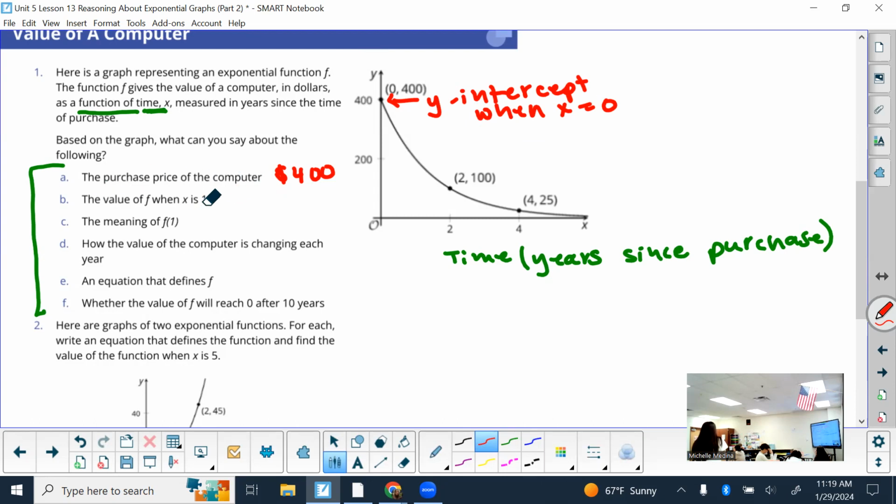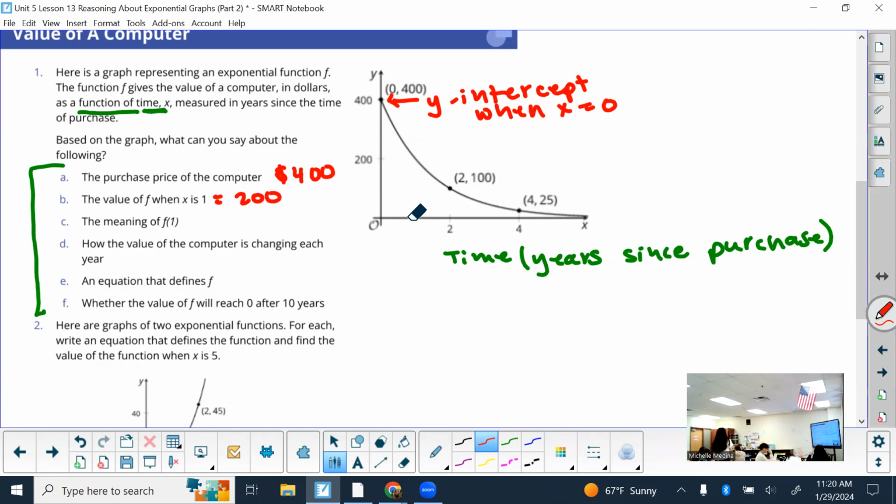So then table 5, what's the value of f when x is 1? 200, and that's not labeled, so how'd you get that? Oh, visually, or did you do math? Okay, so visually would work for this graph.